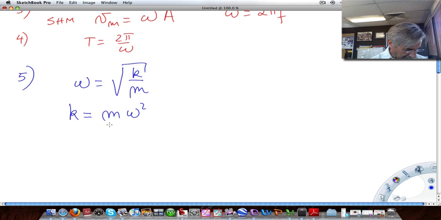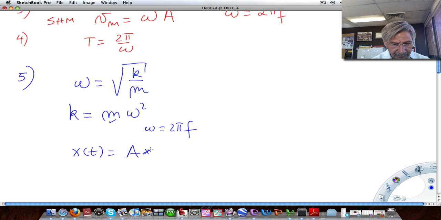In problem number 5, you are given the frequency f, so you can calculate that, and you have m. And the equation, of course, is going to be the amplitude times cosine of omega t, and then you will have to input that number and input that number.